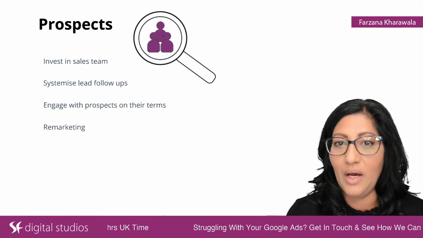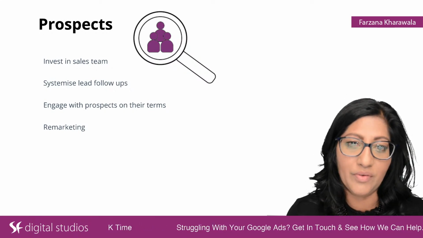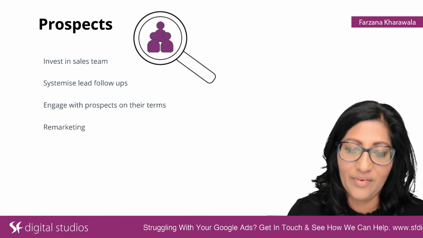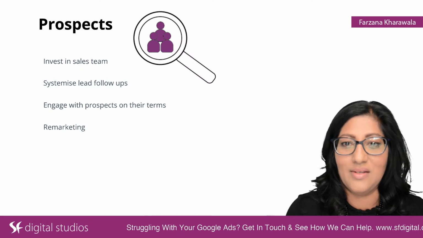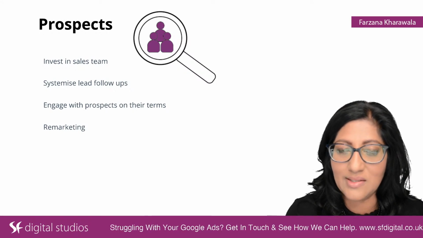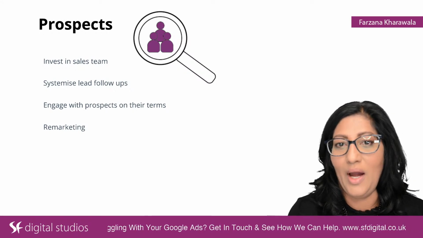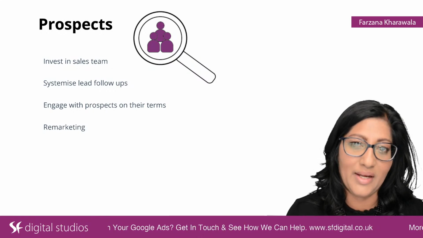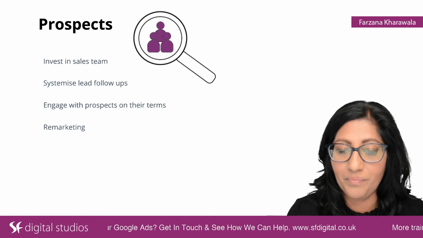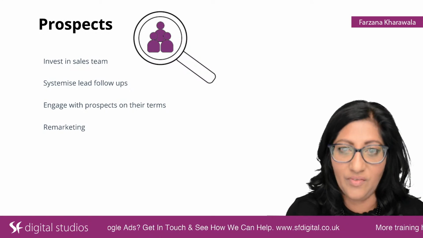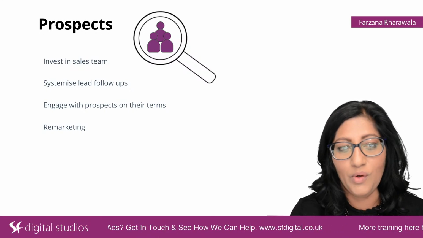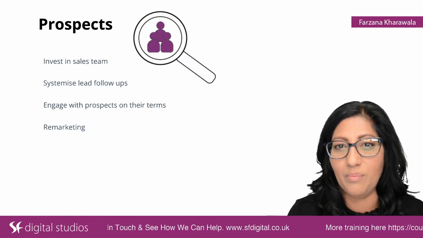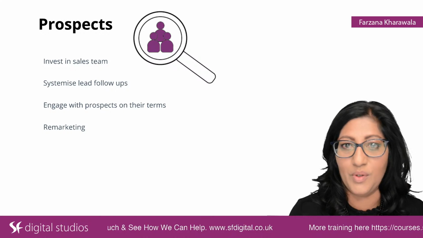It might be through call ads, it might be through search ads, it doesn't matter, we can track that. However, we, as the digital marketeers, have no control over what actually happens with prospects. If you're getting a sizable number of prospects but you're not actually converting, that boils down to the processes you have in place and the people you have in place to look after those prospects.